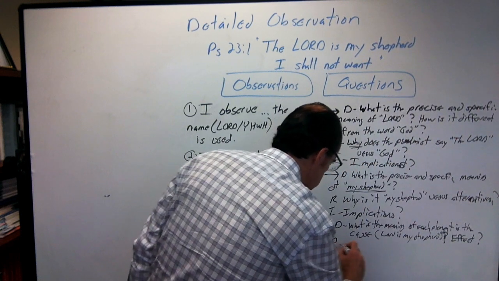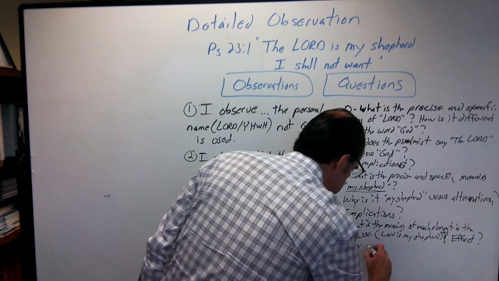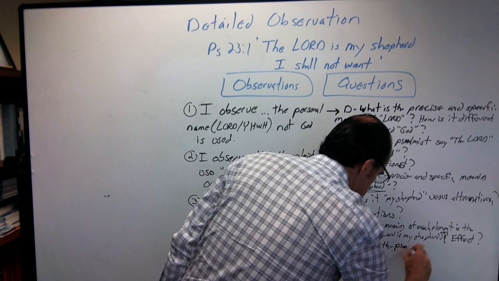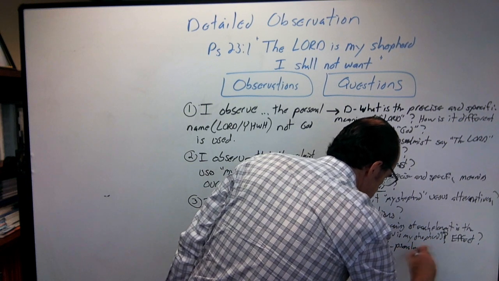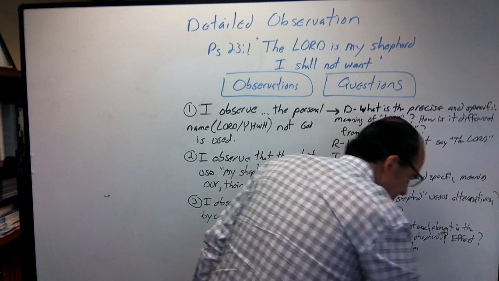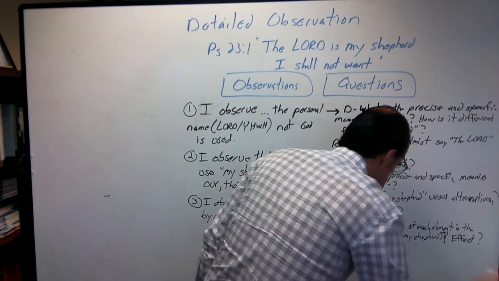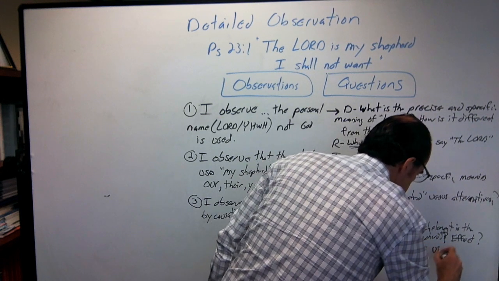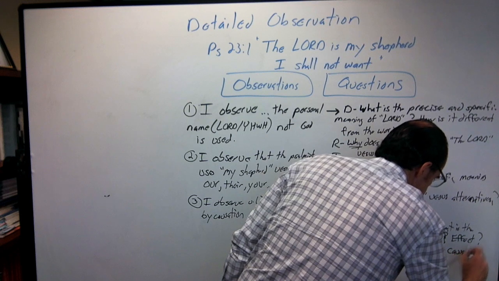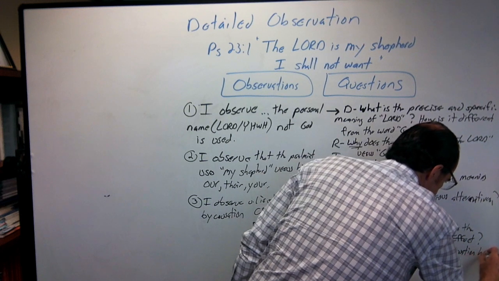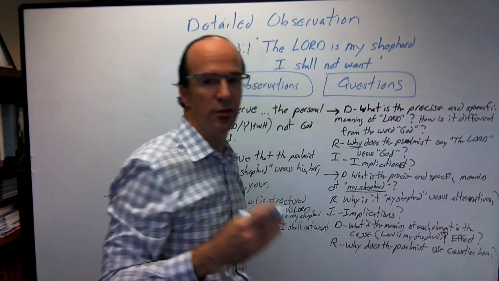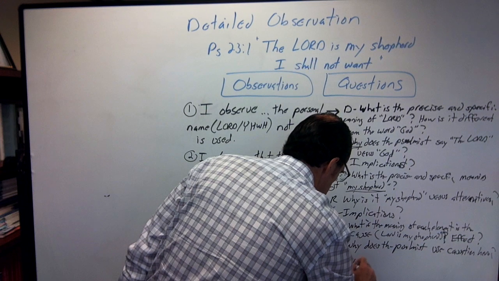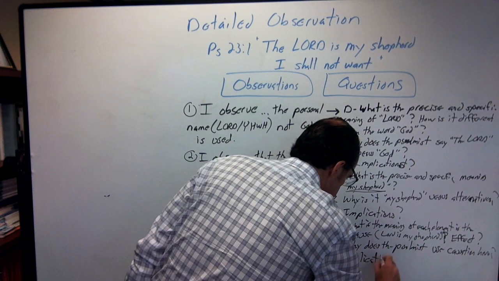And rational, why does the psalmist use causation here? You're again trying to draw out the significance of this, and then an implicational question again would just be, what are the full implications? That's what's implicit here.